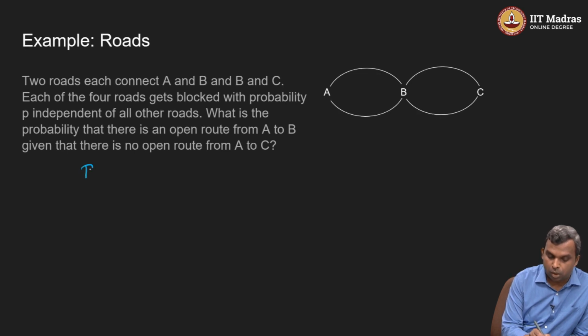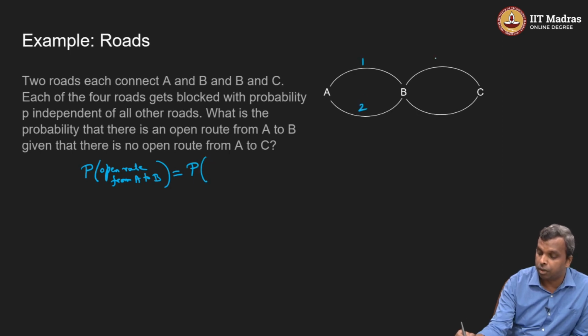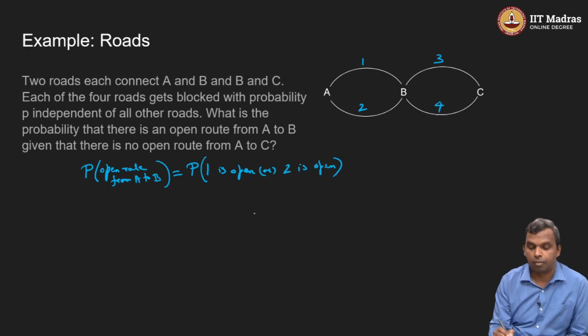Let's first calculate the probability of an open route from A to B. I'll call the roads 1, 2, 3, 4. This is the probability that 1 is open or 2 is open, isn't it?